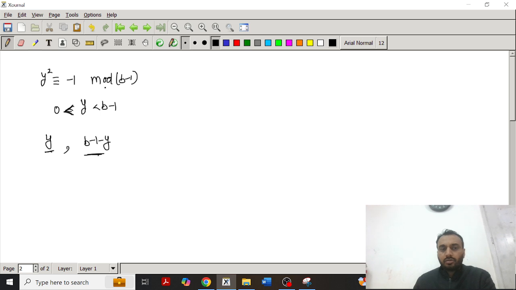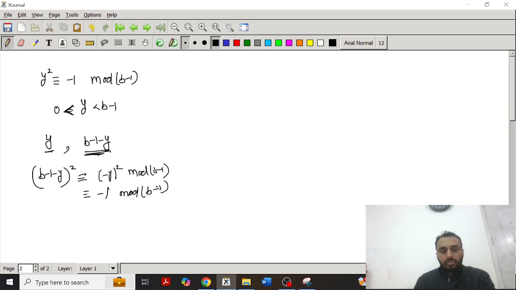If y square is congruent to minus 1 mod b minus 1, then this is also, because (b minus 1 minus y) square becomes y square mod b minus 1, which is minus 1. So if you have one number y between 0 to b minus 1 whose square is minus 1 mod b minus 1, then there should be another number also, that is this one.